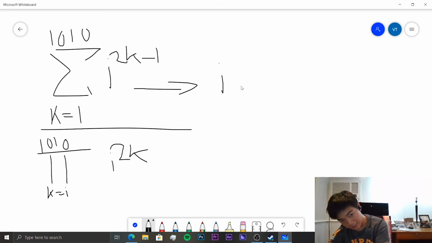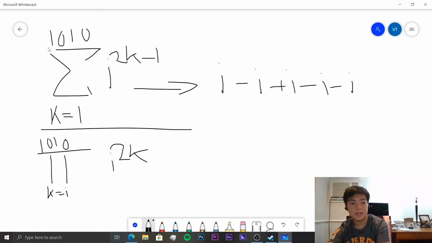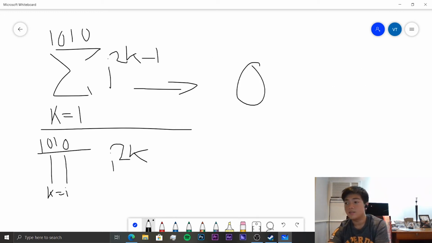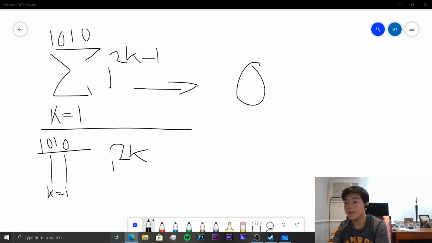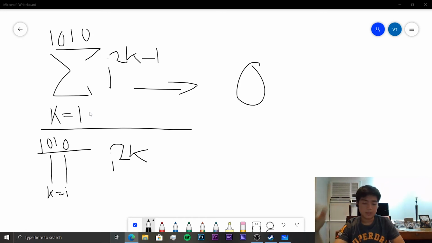So i to the 3 is negative i. So the sequence will go something like this. And since we're ending on an even number, this will actually just evaluate to 0, I think. Yeah. Why would it just evaluate to 0? That's interesting, though. Why would the book make us solve this? But that's not for us to question.